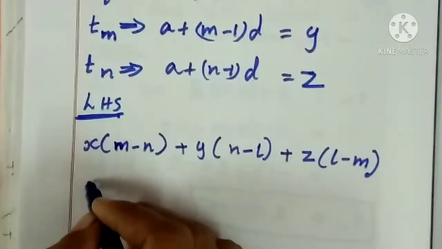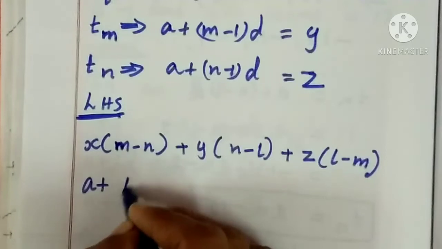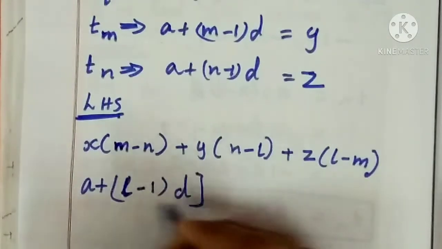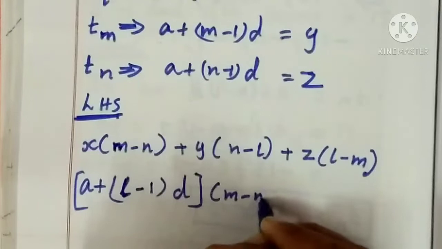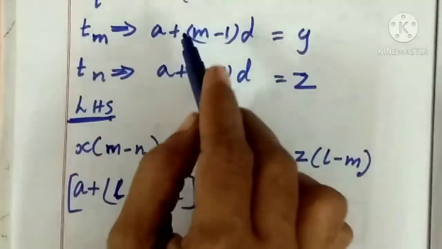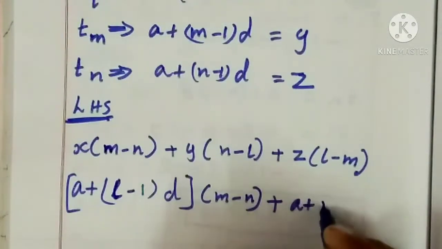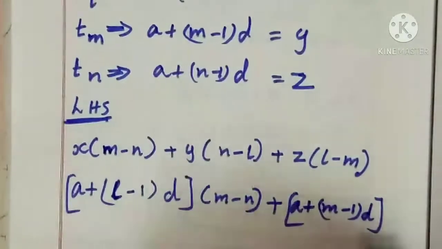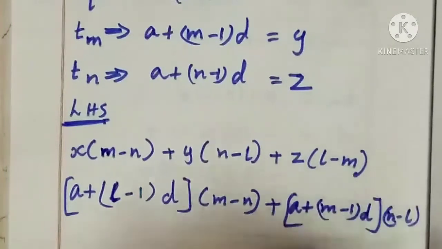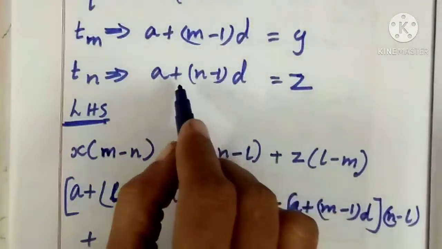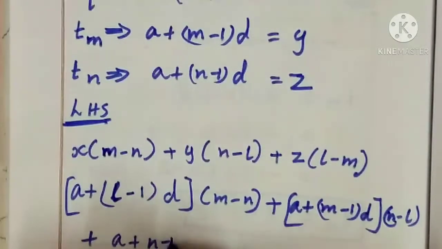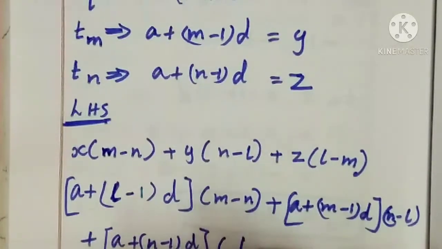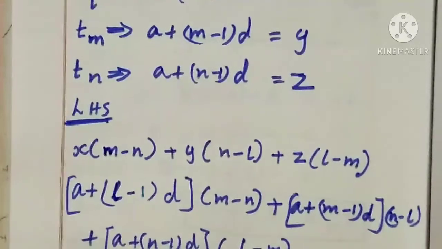For x, you have to write a plus (L minus 1) into d, into (m minus n), plus, instead of y you have to apply this one, that is a plus (m minus 1) into d, into (n minus L), plus, instead of z you have to apply this, that is a plus (n minus 1) into d, into (L minus m).